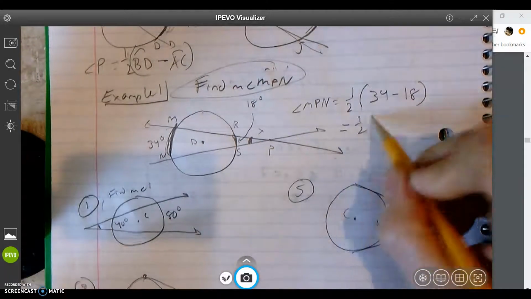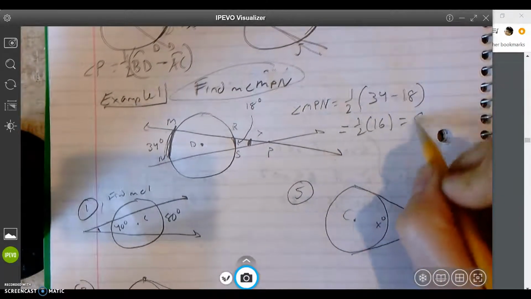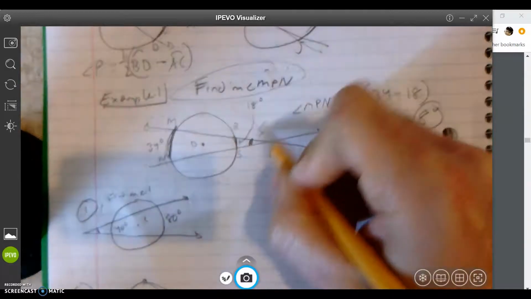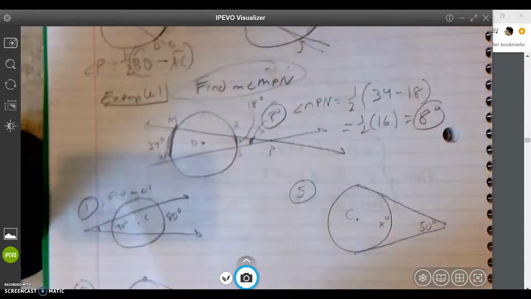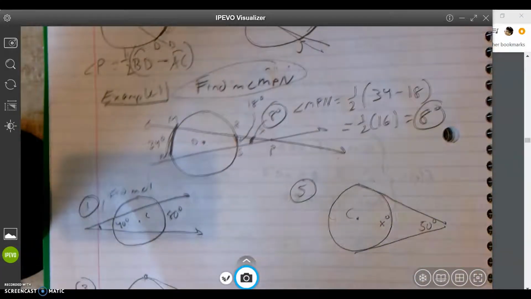So it's 1/2 of 16, and that's just a small little 8-degree angle right there. Very small, 8 degrees. Got it.